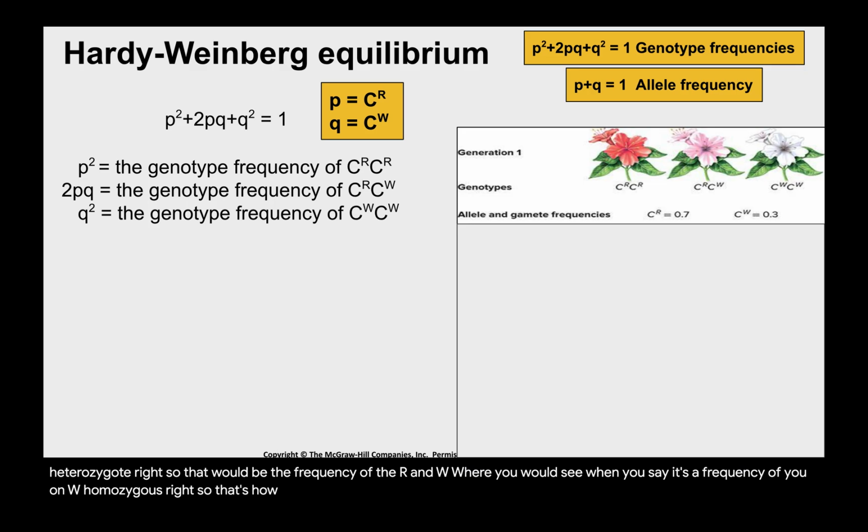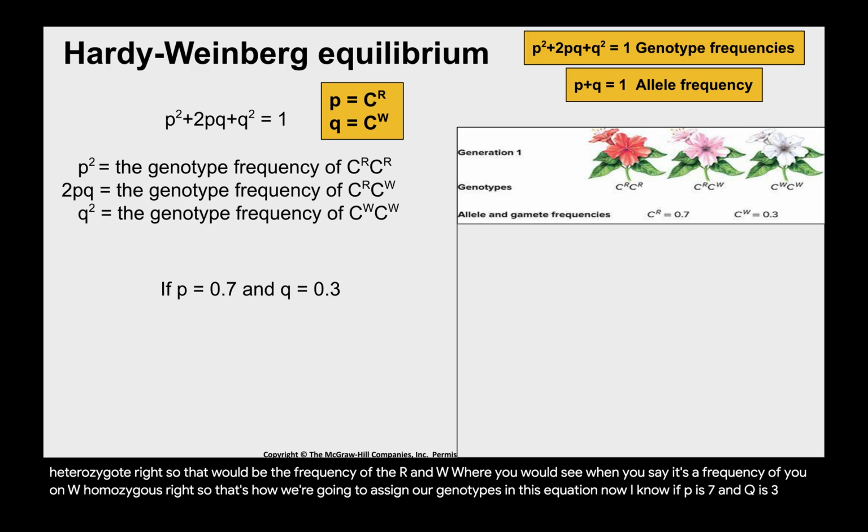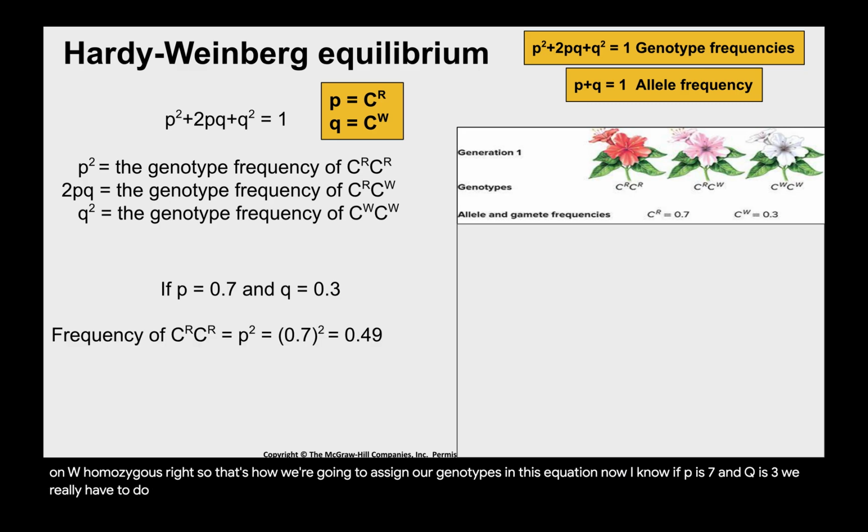That's how we're going to assign our genotypes in this equation. Now we know p is 0.7 and q is 0.3, all we really have to do is plug these numbers into our equation to figure out these frequencies.